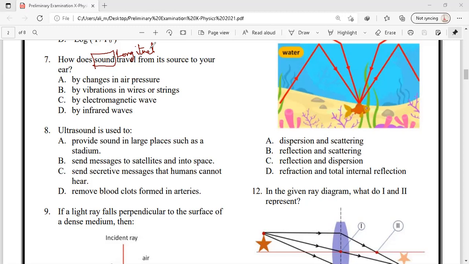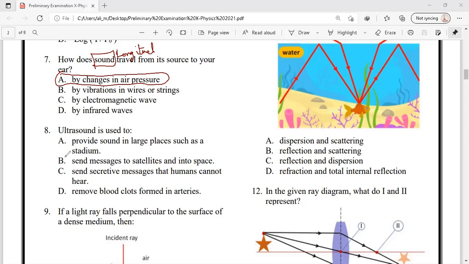So sound traveling in air actually changes the air pressure. So the correct answer is option A. When the sound travels in air, it increases the air pressure between the air molecules, where it forms compressions, and decreases the air pressure when it forms rarefactions. So the correct option is option A.